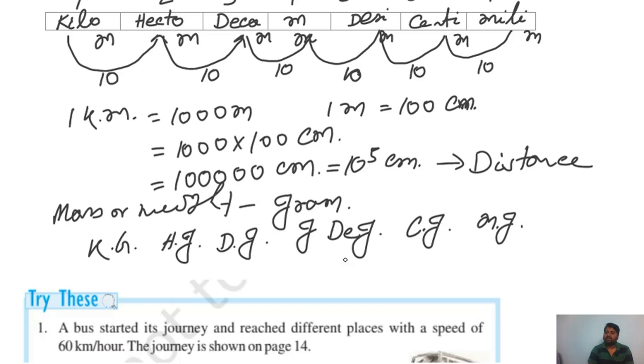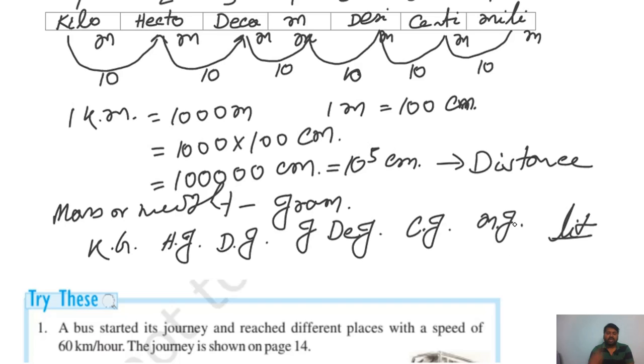When we measure liquid, something like water or kerosene, we use liter. Similarly: kiloliter, hectoliter, decaliter, liter, deciliter, centiliter, and milliliter.